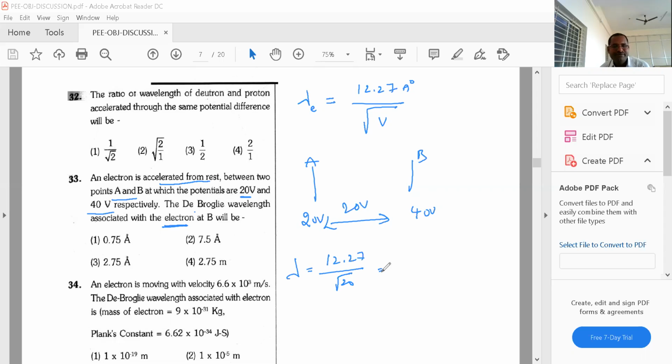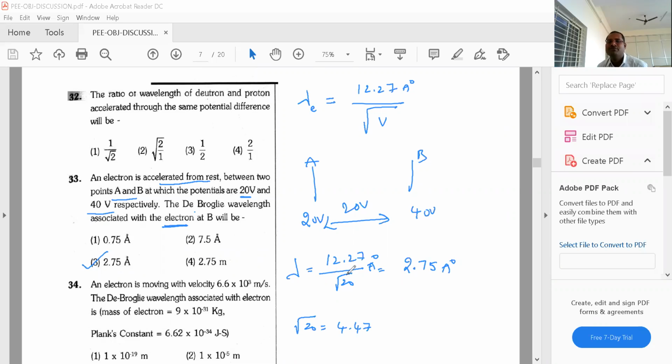Clear? So if you solve this in angstrom, take the calculator and solve this root 20 value. Root 20 is 4.47 approximately.